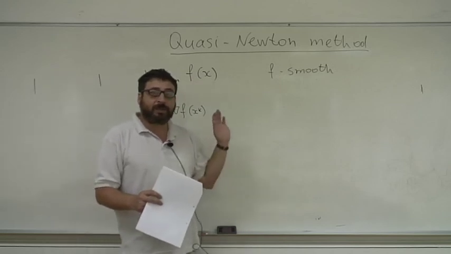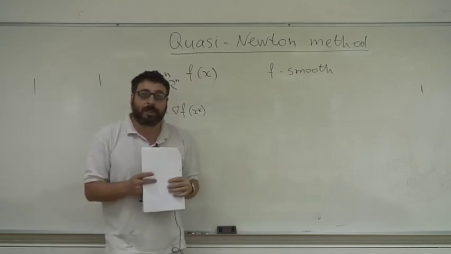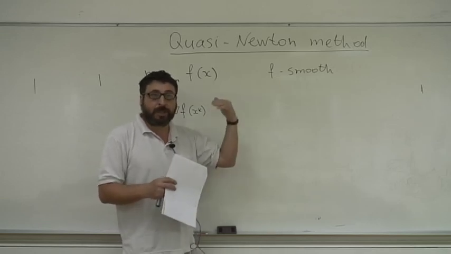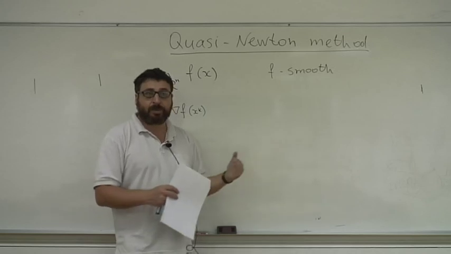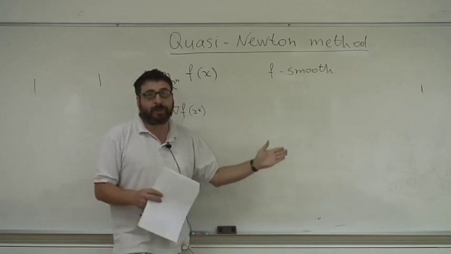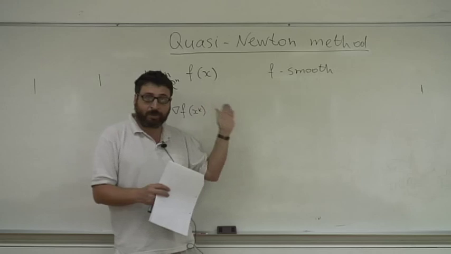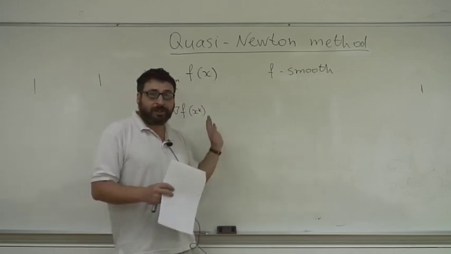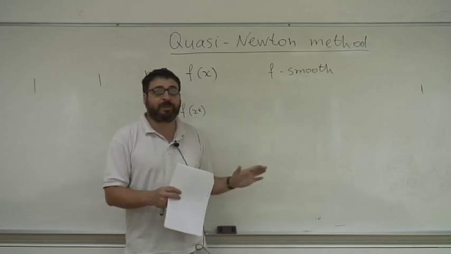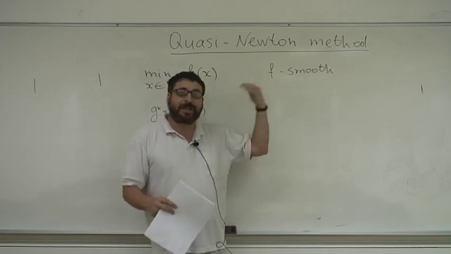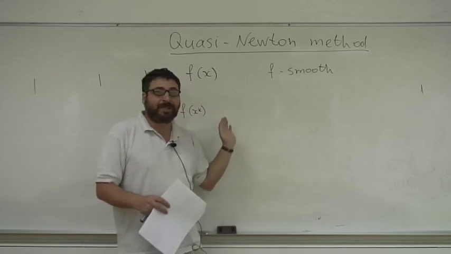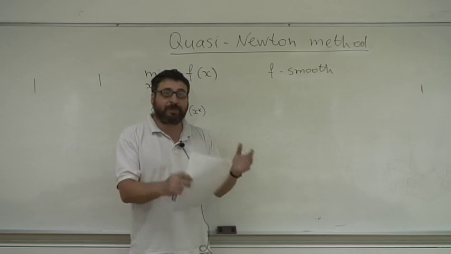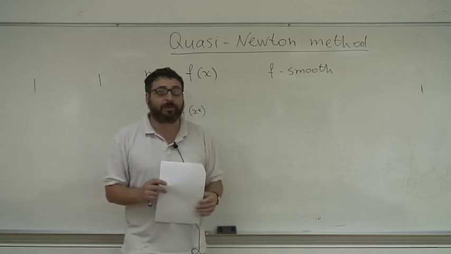Still, we will not compute the Hessian explicitly because computing it may be costly, and also solving a system of linear equations is like n-cube operations. We will consider alternative methods which require about n squared operations, maybe 6 or 8 n squared operations. And it will use an approximate model of the Hessian.